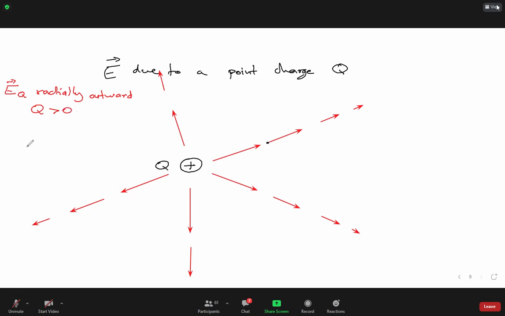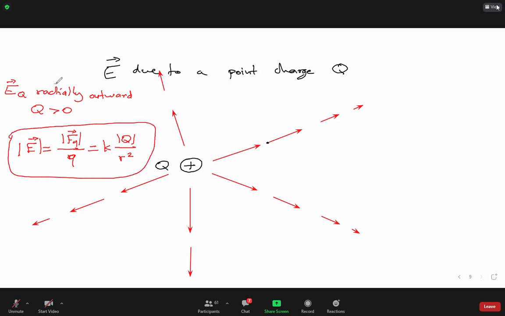And of course, the magnitude of the field would be the magnitude of the force on an imagined test charge divided by the charge itself, which of course by Coulomb's law is given by K times the absolute value of Q divided by R squared. So here's the magnitude of the field, and here is its direction.